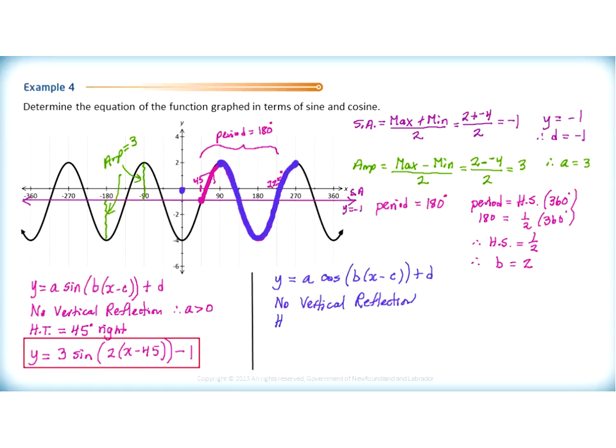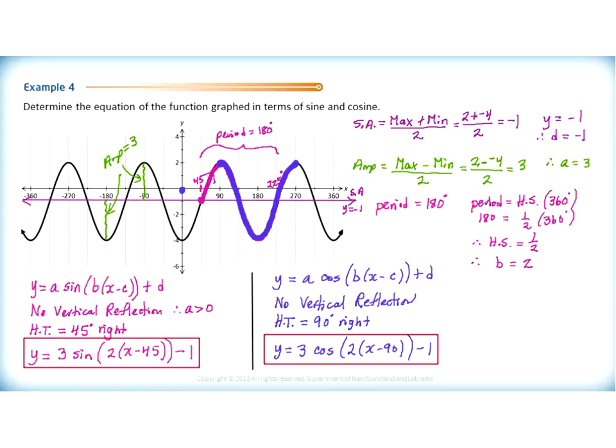But we do have a horizontal translation equal to 90 degrees to the right. So one possible equation here would be y equals 3 multiplied by the cosine of 2 times x minus 90, minus 1. And that gives us another equation of the same graph.